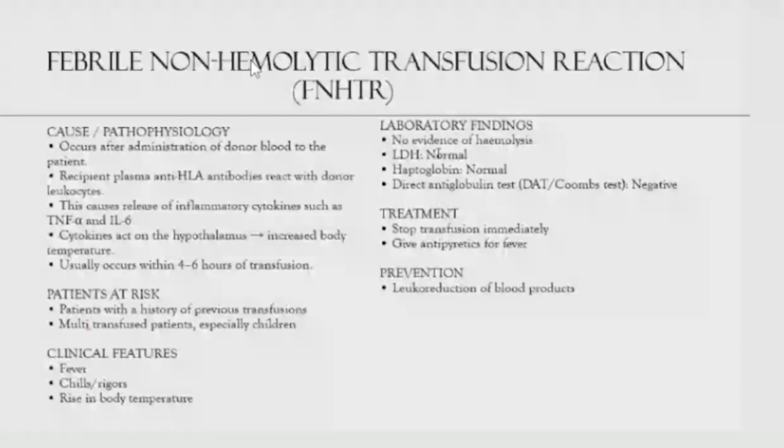You remove the WBCs, because if you remove the WBCs from the blood products of your donor, once you give this donor blood to the recipient, these antibodies do not have an antigen to react with. And when there is no antigen, there will be no antigen-antibody reaction, and hence we do leukoreduction. This is one of the major indications for modification in blood products. Leukoreduction is usually the modification of choice for patients with febrile non-hemolytic transfusion reaction.